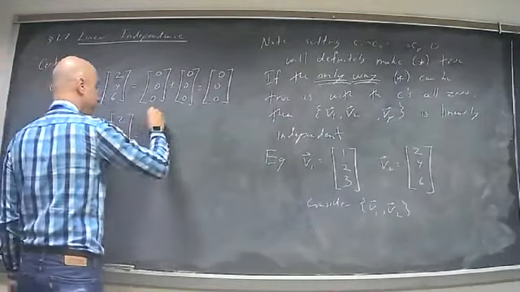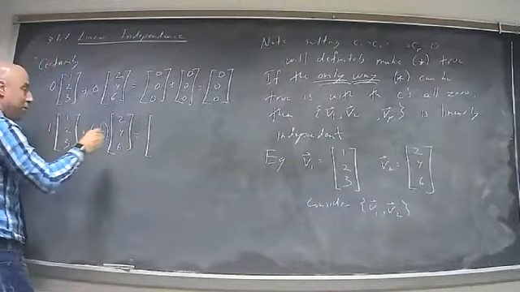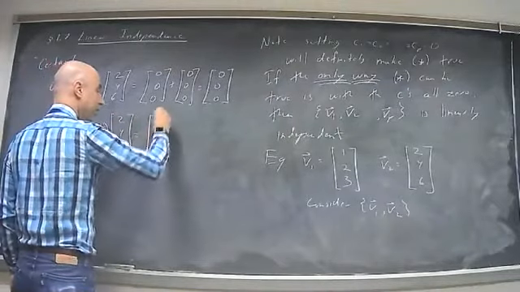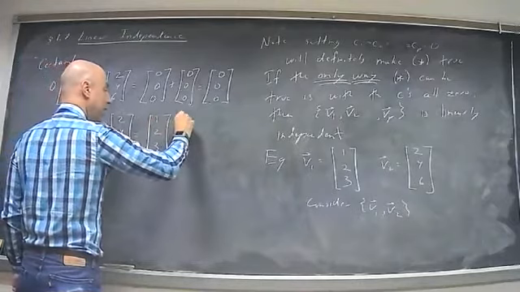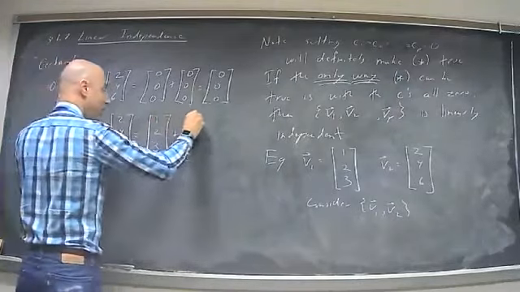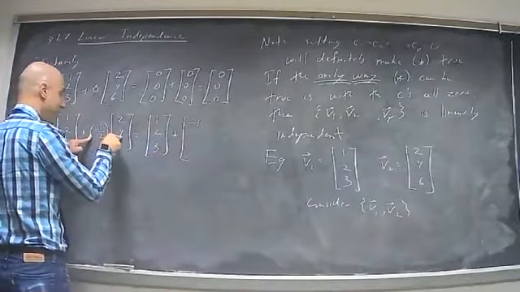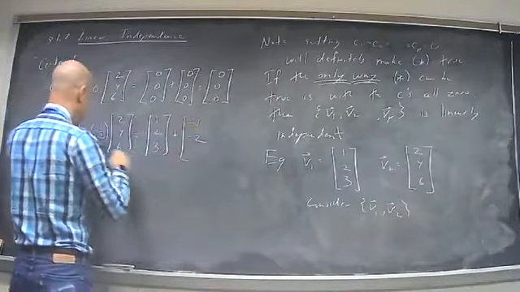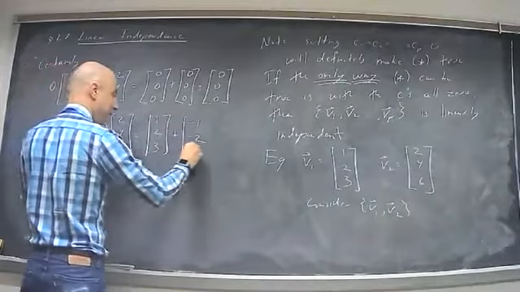gives me 1 times 1, 2, 3 is just 1, 2, 3. And minus 1/2 times 2 is -1. Minus 1/2 times 4 is -2. And minus 1/2 times 6 is -3.